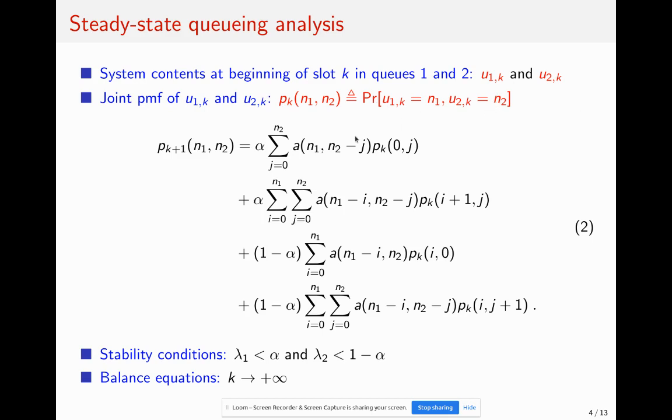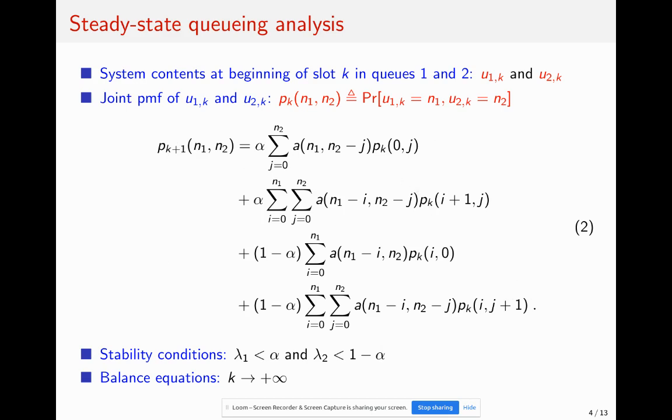Then you can derive this equation of pk plus 1 in terms of pk. If the stability conditions hold and we let the time parameter k go to infinity, then this equation becomes independent of k, and we obtain what we call the balance equations. So the balance equations are just like this expression, but without the dependence on the time parameter k.